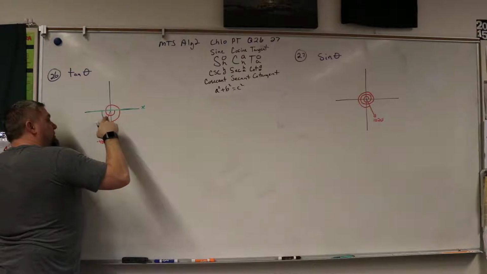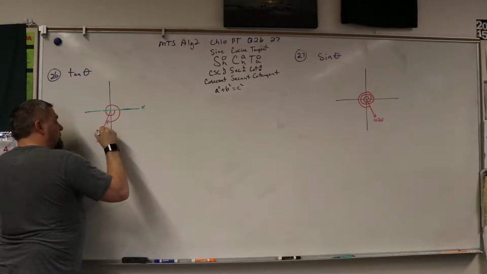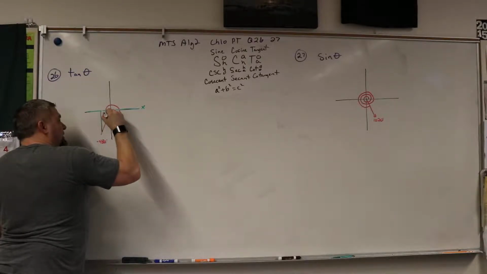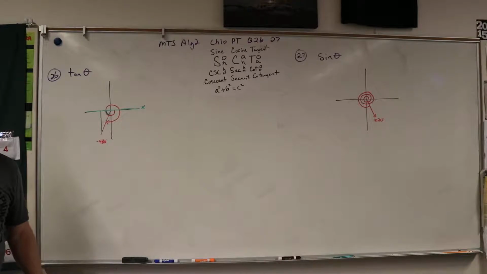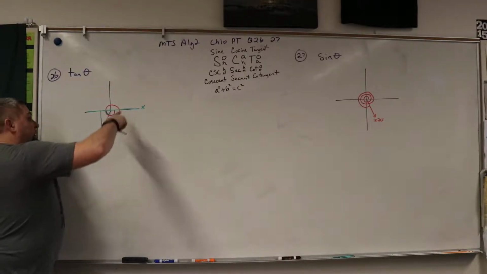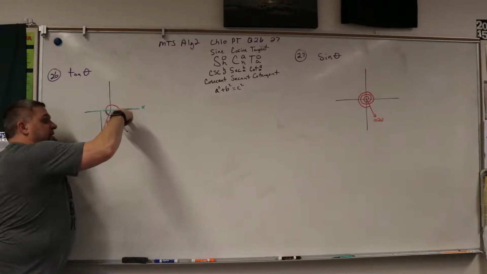So basically, I'm talking about this angle right there. To know what that angle is, I need to figure out what's going on here. I know that this is 360.